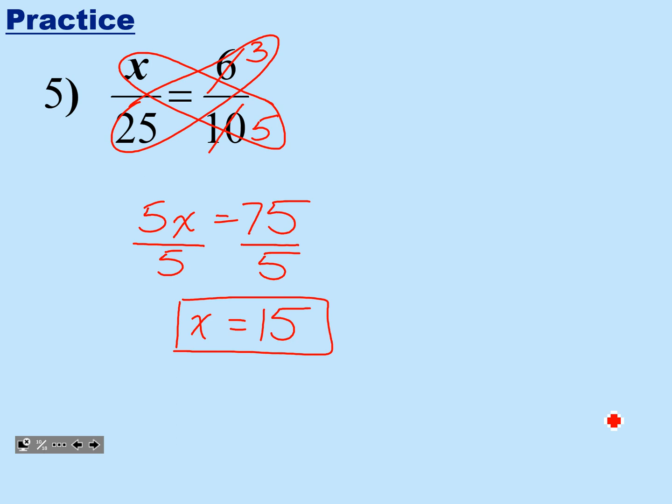Okay. Let's go to the next problem. Try to do this on your own. Please press pause now. So I'm going to solve this problem by first seeing if I can simplify. 2 to 9, I can't simplify that.